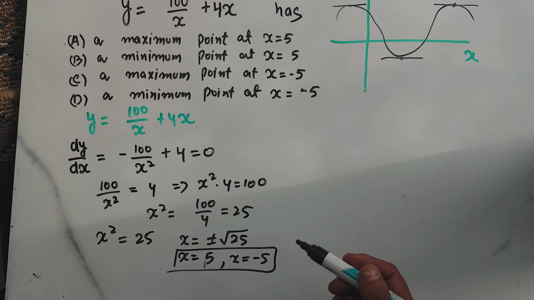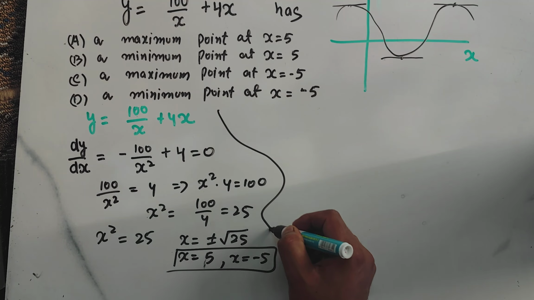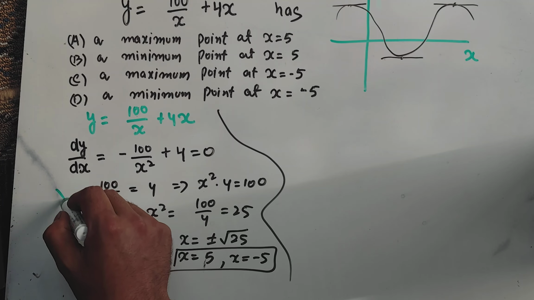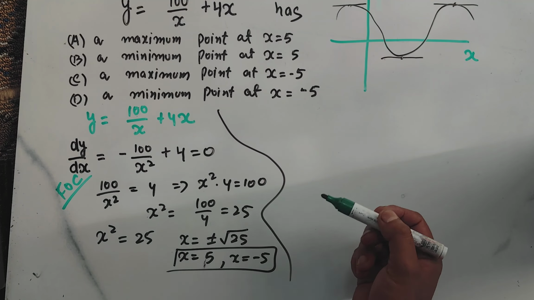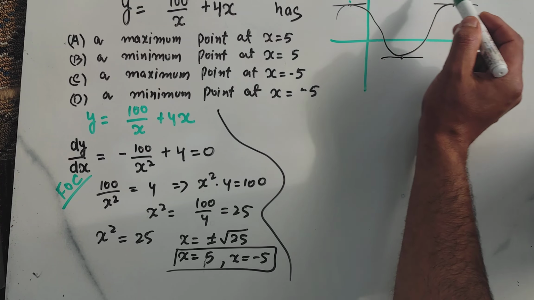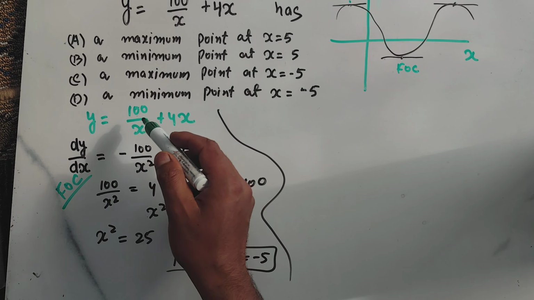But to check which of these 2 points is the maximum point or the minimum point, we need to apply the second derivative test. This was our first order condition. The first order condition simply tells us the points where the slope is equal to 0. This is not the sketch of this function.